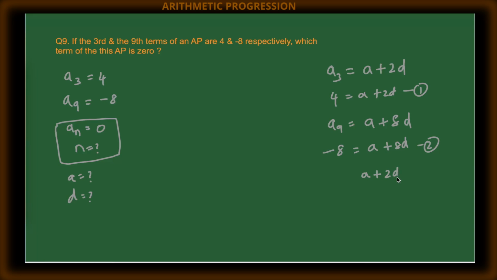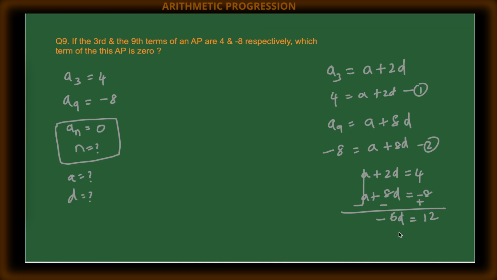a plus 2d is equal to 4, then a plus 8d is equal to minus 8. Subtracting, this becomes minus 6d, and 4 minus minus 8 becomes 12.